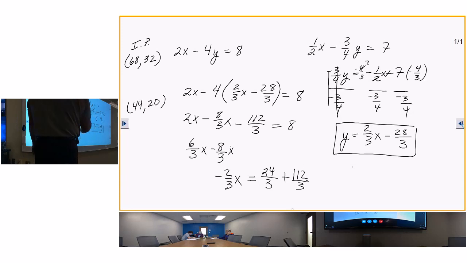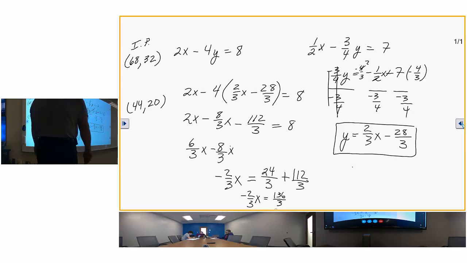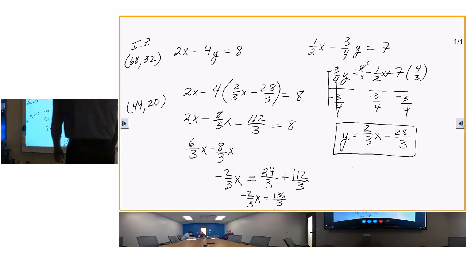That's going to be 136 over 3. Somebody check me. So negative 2/3 x is equal to 136 over 3. And that'll be what? Yeah, we won't do that. We're going to get rid of the 3's next.